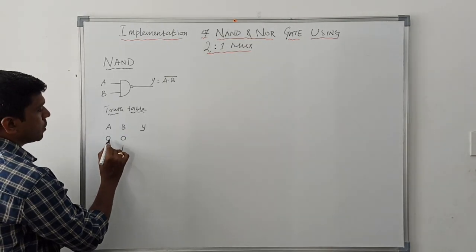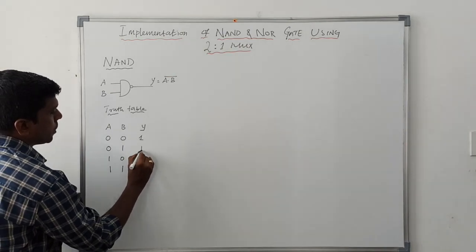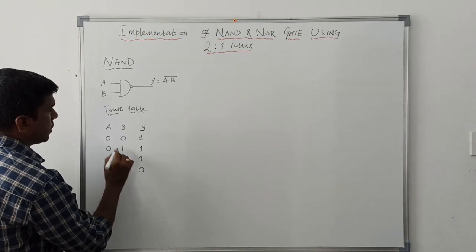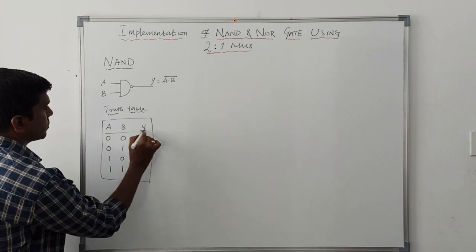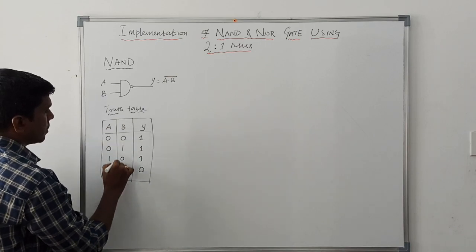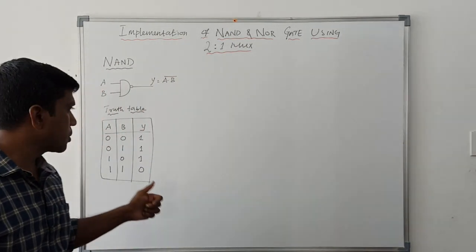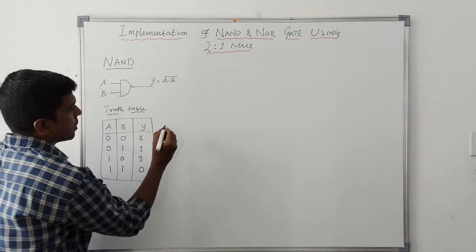The corresponding outputs are 1, 1, 1, 0. So it's the truth table of the NAND gate. The property of the NAND gate is that if any one input is low level, the corresponding output is high level.